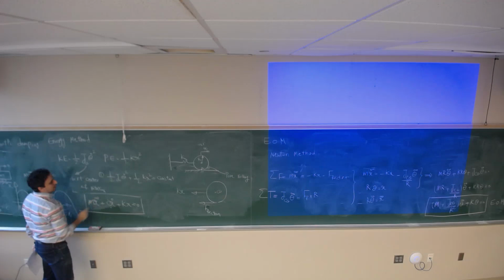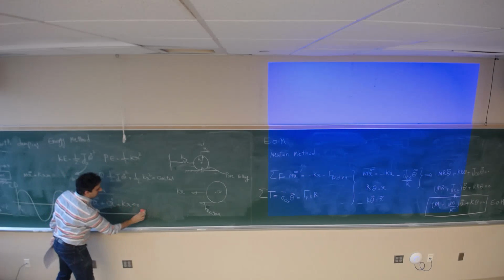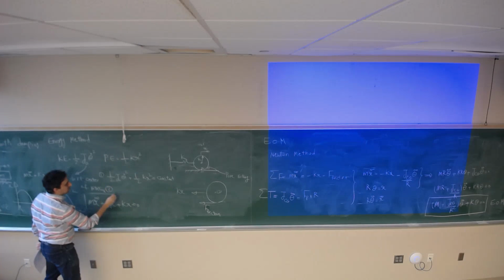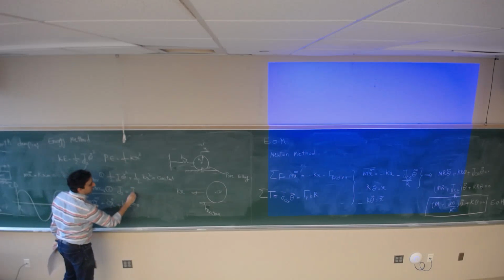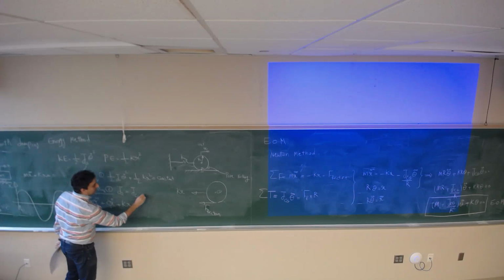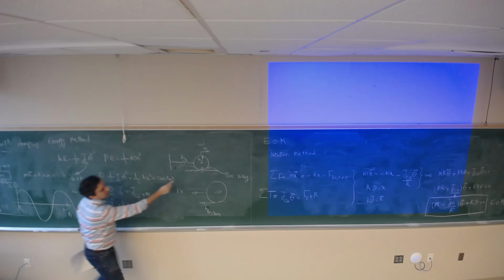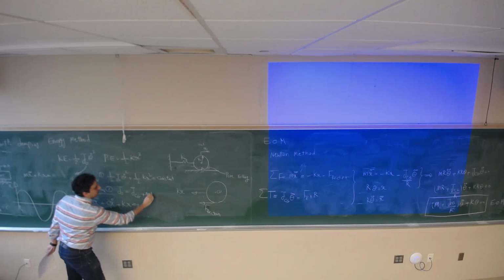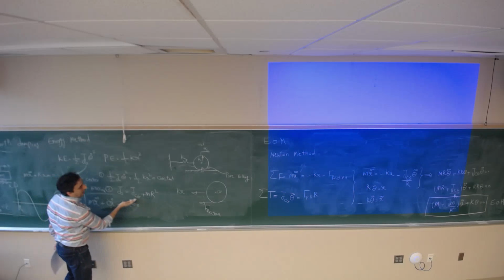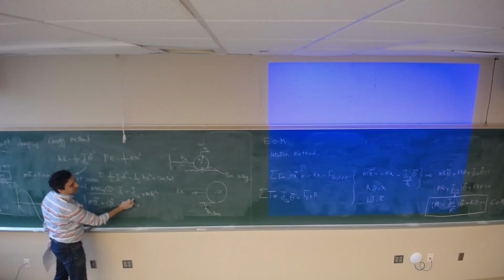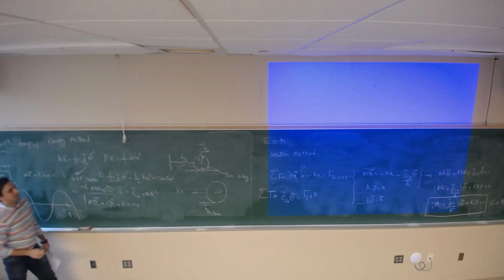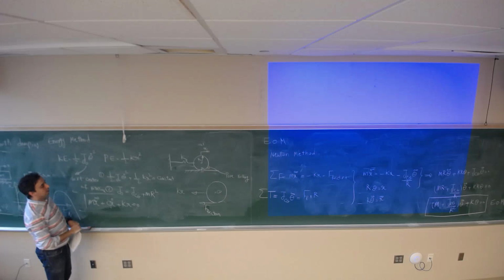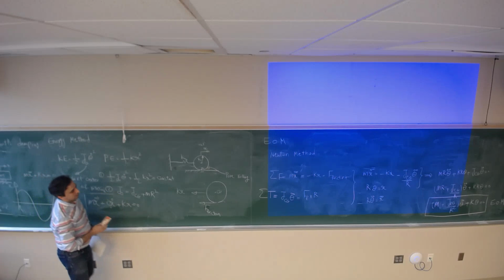One equation. The other equation is, we know that J with respect to the center of rotation is J with respect to the center of gravity plus mass times the distance between these two, which is r squared. This is the parallel axis theorem: J with respect to center of gravity plus m d squared. It's going to be the polar moment of inertia with respect to the other axis.